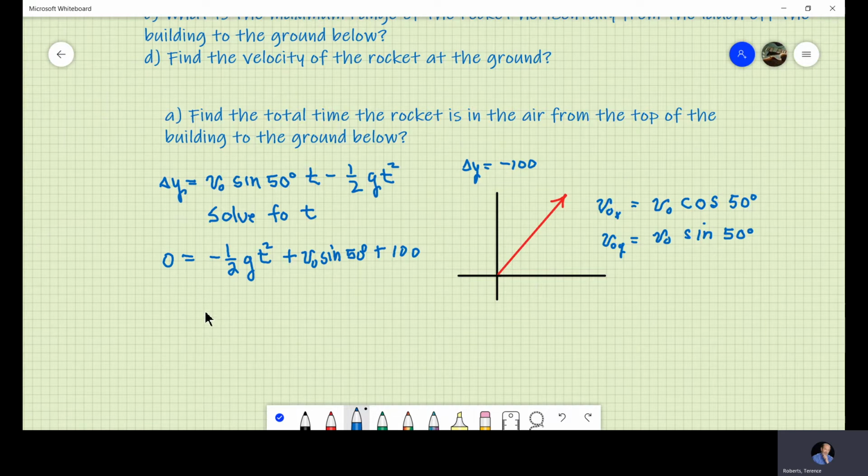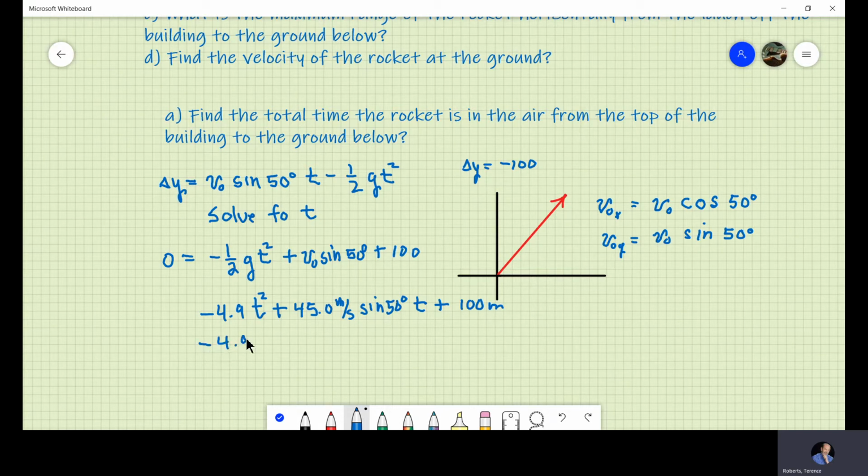So 1/2 g, this is minus 4.9 t squared plus 45 meters per second times the sine of 50 degrees t plus 100 meters. Let's break this down further again.